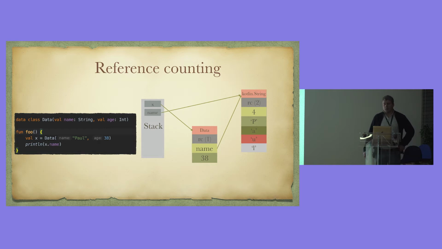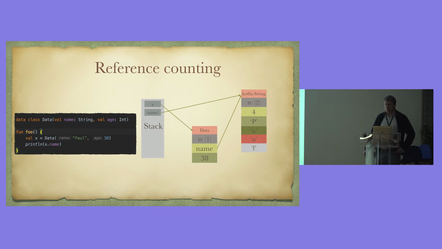Inside it has a field name which refers to an instance of a Kotlin string object, which has the information we typically have in a string, such as length and characters. The reference counter of that object is 2 because we refer to it both from Data and from an anonymous slot used for retrieving this field from the instance and storing it on the stack so that we can pass it to the println function.